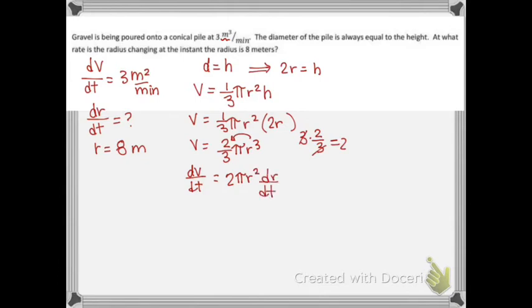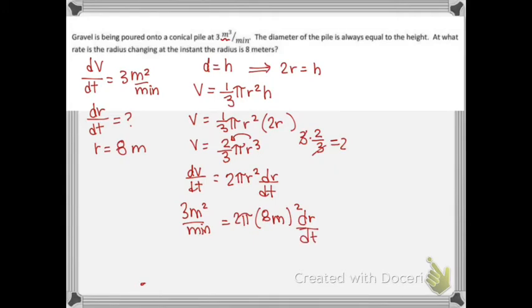Since we differentiated the r, we multiply by dr/dt. Okay, so dV/dt in this problem is 3 meters cubed per minute. We have on the right-hand side 2 pi and then r squared. dr/dt is what we're trying to solve for.